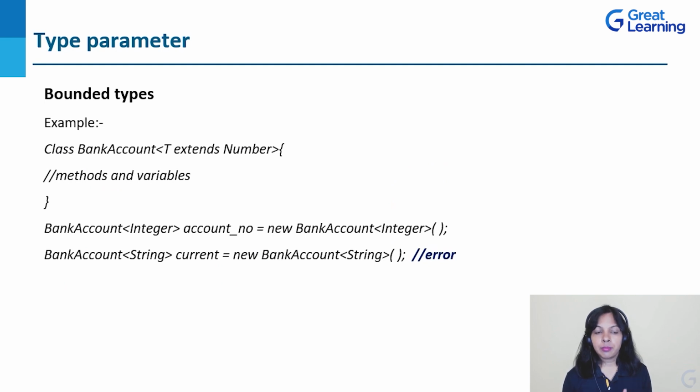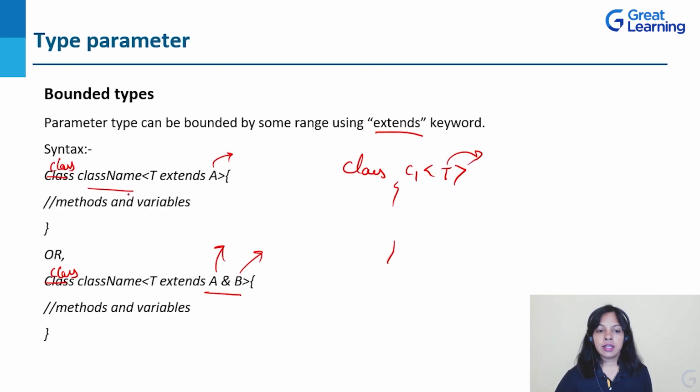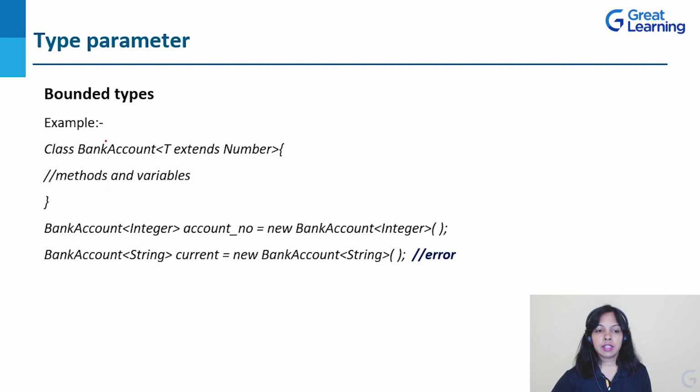Now let's see an example for these bounded types, like what exactly this T and A stand for and how we can make use of it. So class keyword, small c, BankAccount, the name of the class, then angular brackets, you write T extends Number.